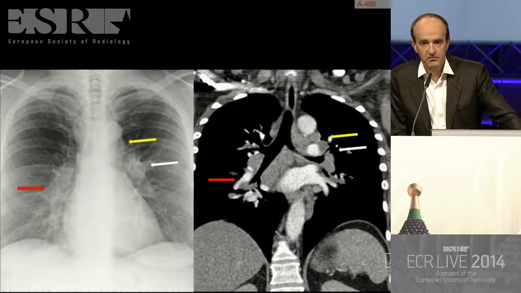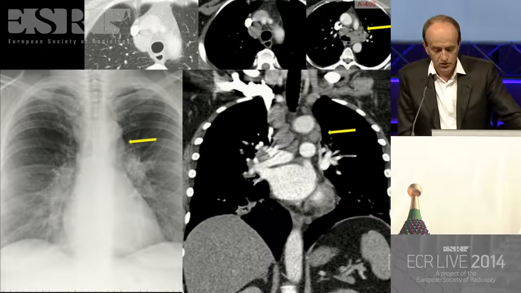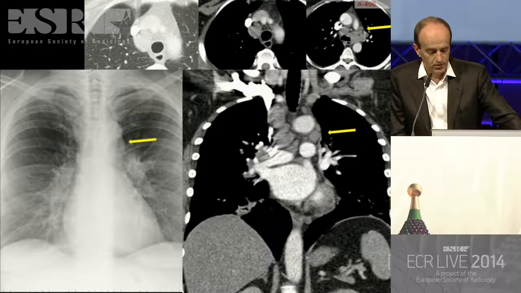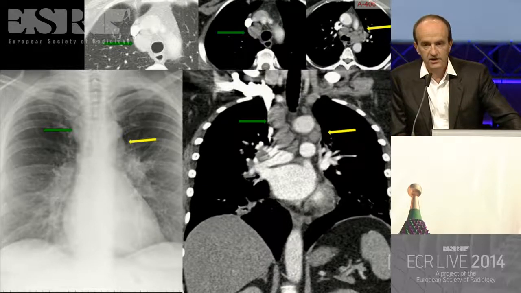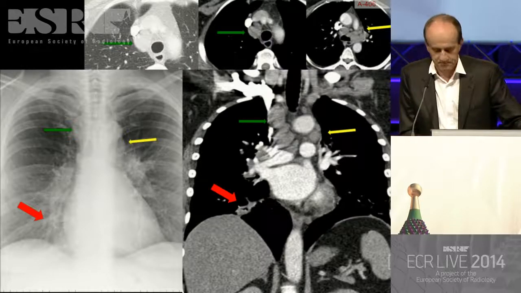The same in mediastinal window. Some additional axial views to show you the aortopulmonary window and the enlarged laterotracheal space, again, also abnormal with lymphadenopathies. And we recognize our right lower lobe pneumonia.